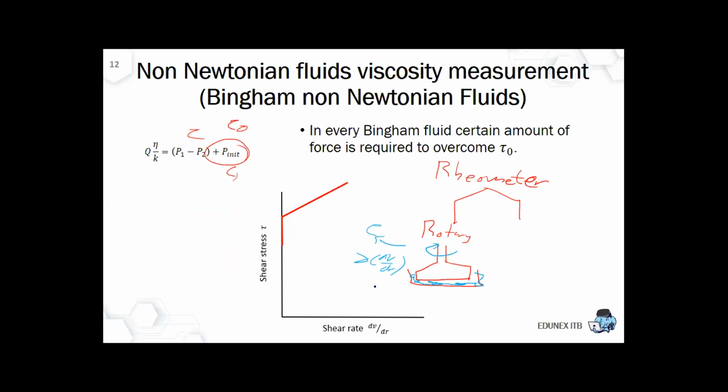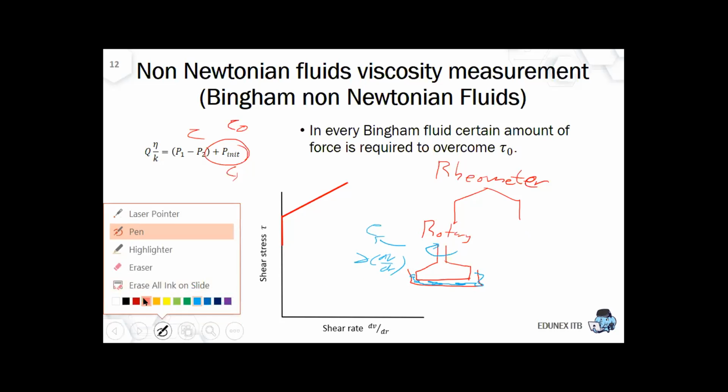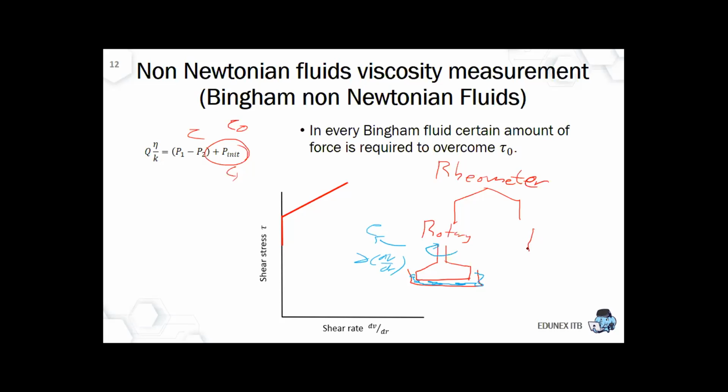The other type is like a syringe. They give the delta P here and measure the gamma. For Newtonian fluids and non-Newtonian fluids, these two viscometers can be used quite universally.